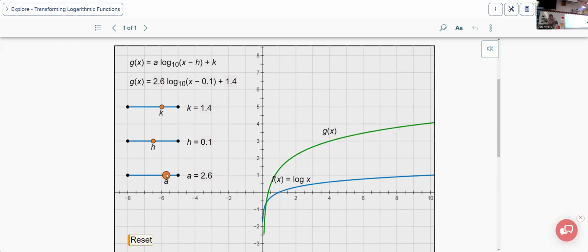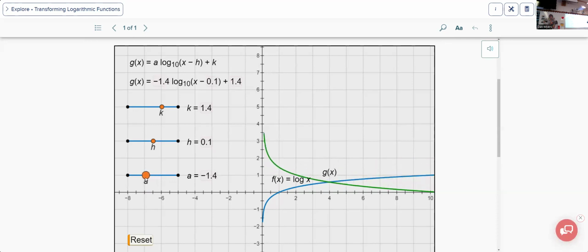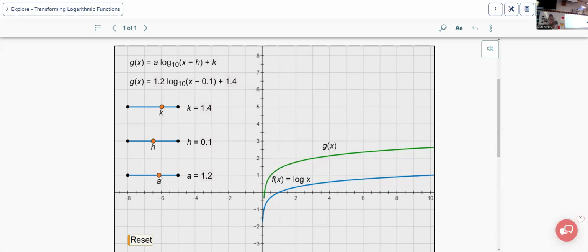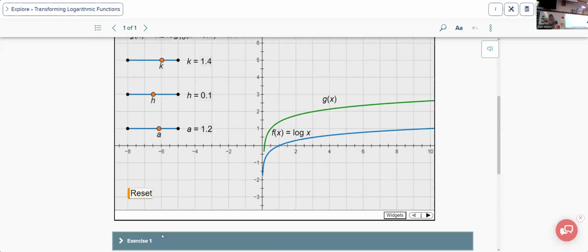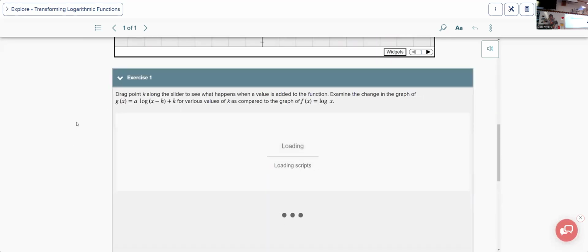If a gets close to 0, it should get less steep until it gets to 0, and once it goes underneath 0, what's going to happen? It's going to flip upside down. It's going to reflect across the x-axis. So let's see it. And there it is, upside down. All the things that we said would happen are happening. Great. Reset. Cool. So with these quick exercises, drag point K, see what happens.